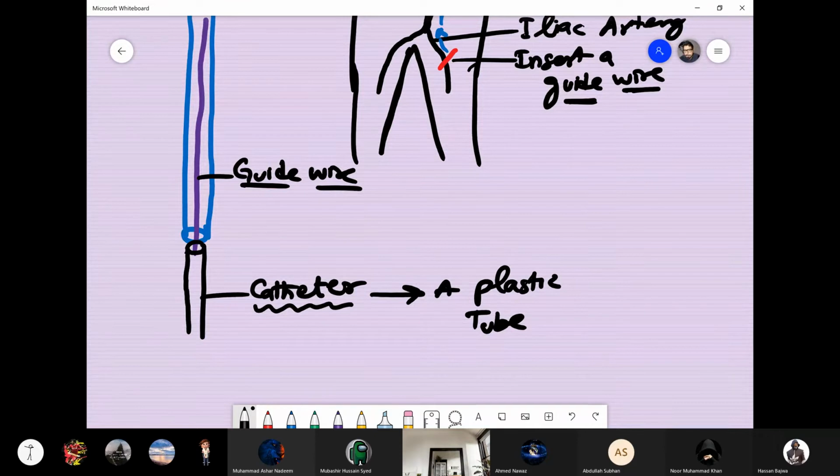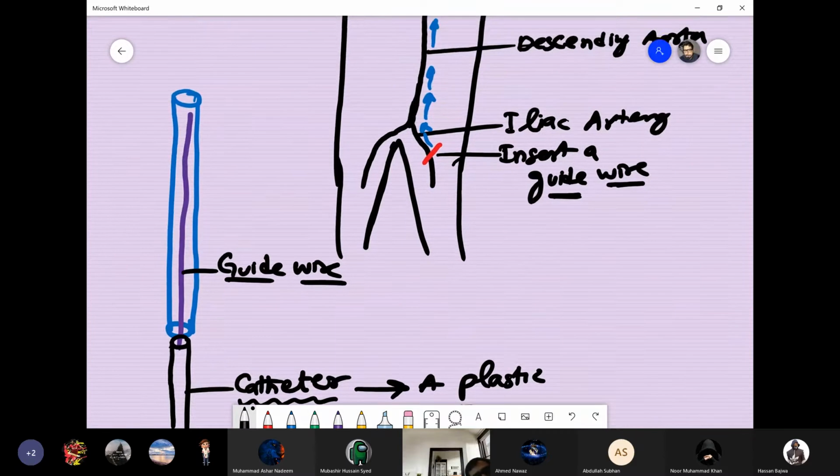Now, guys, tell me one thing. Whenever you get diarrhea or some problem, you go to the hospital, the doctor puts a drip, and the liquid of the drip goes into your blood with the help of a plastic tube. Right, guys? Have you observed that? Yes, sir. Now, that plastic tube is called what? Catheter. That plastic tube is called a catheter.